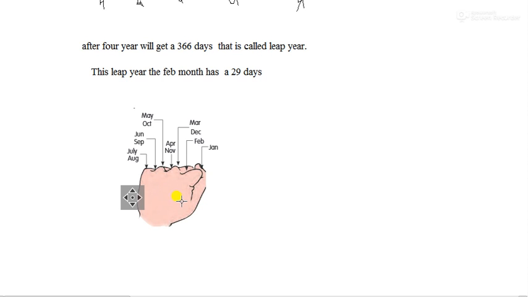So here we have January, this is February, March and December. Here April and November, May and October, June and September, July and August.